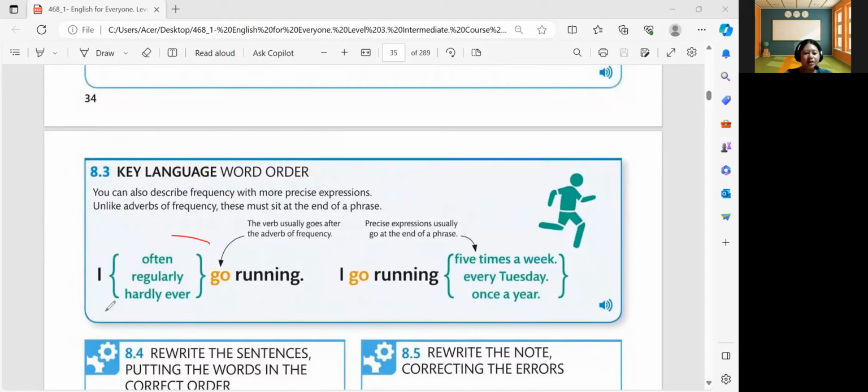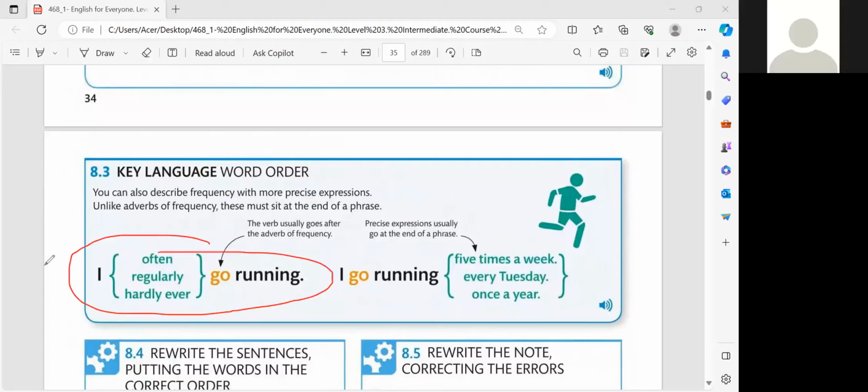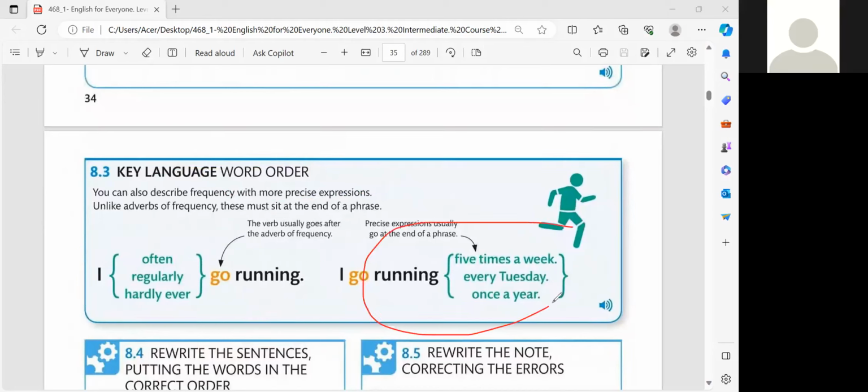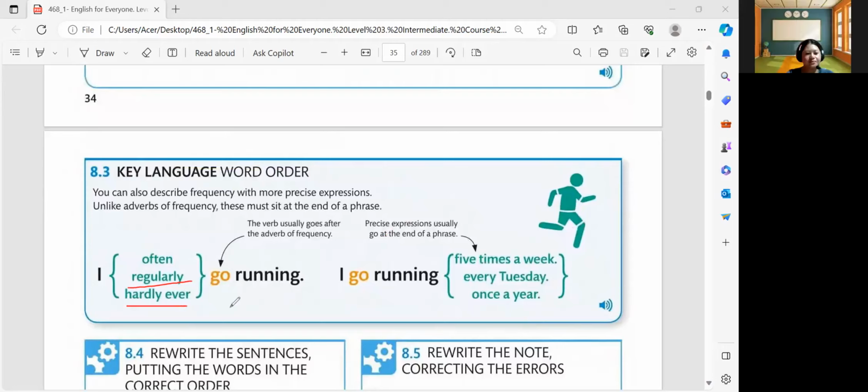So the first example, can you please read? I often go running. I regularly go running. Okay, the last, I hardly ever go running.